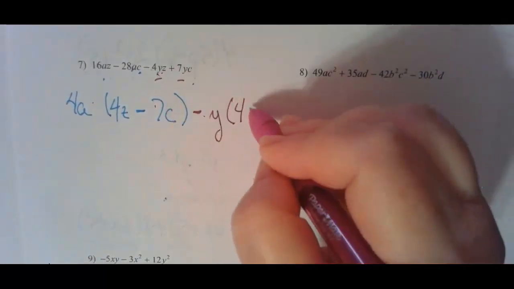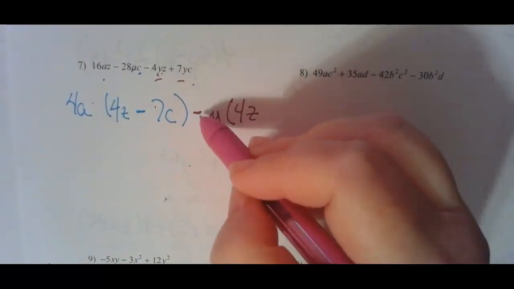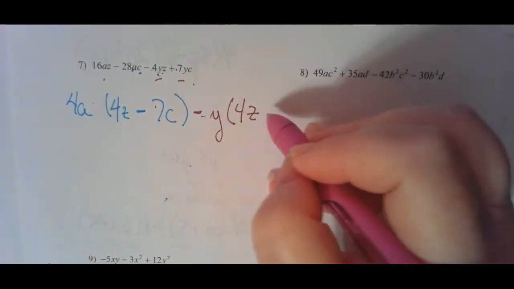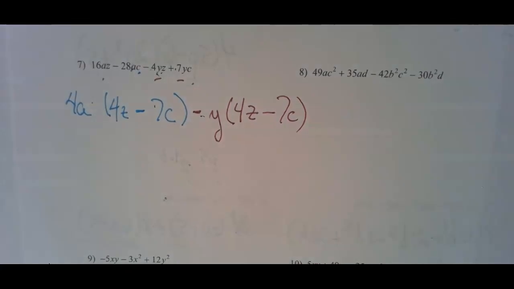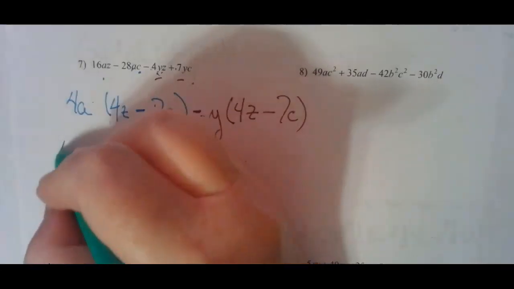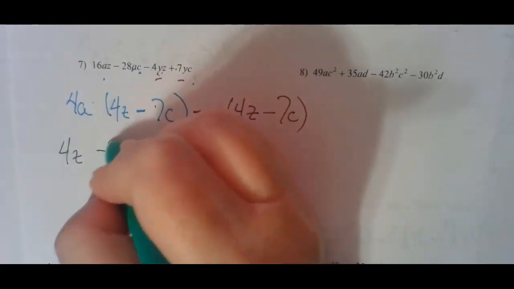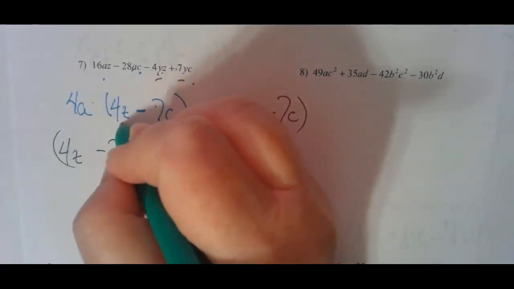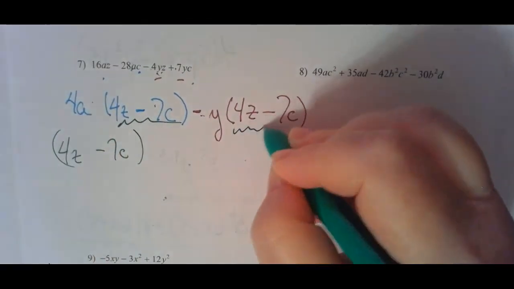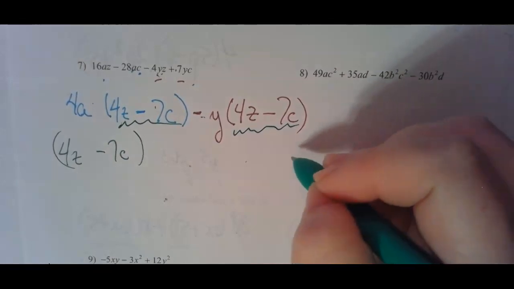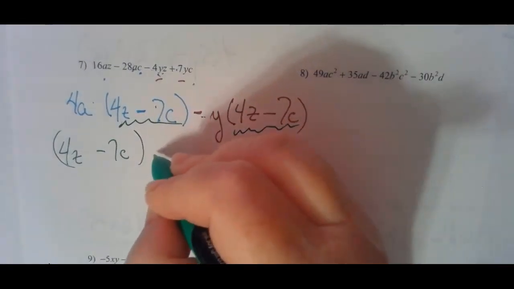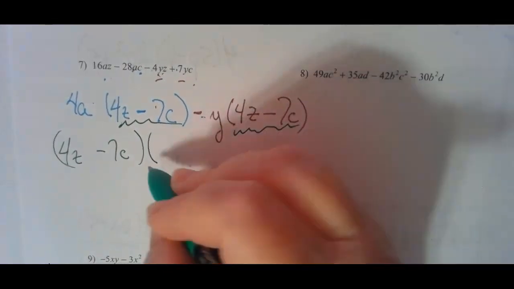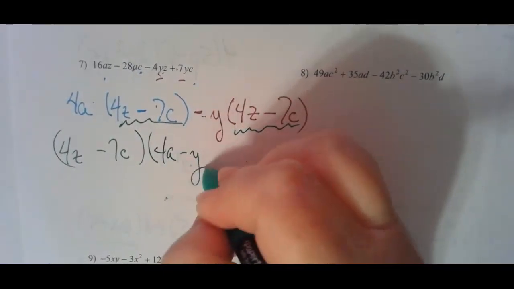We have 4 Z's. Divide a negative by a positive, we get a negative 7 C's. So we're going to have 4 Z's, subtract 7 C's, as now our greatest common factor between these two terms, and we're going to multiply it by 4A minus Y.